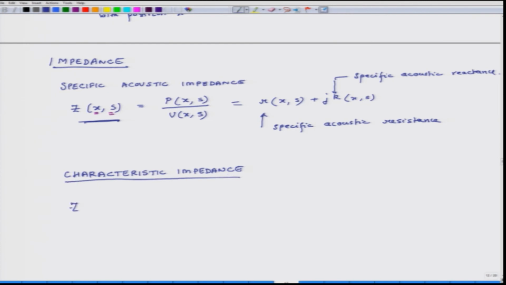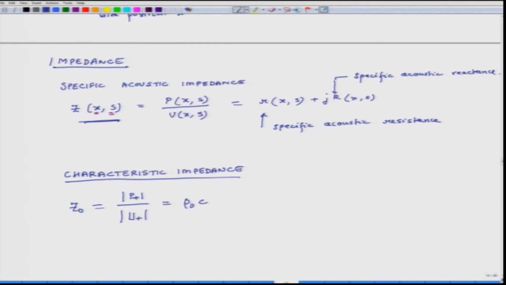And this is equal to Z naught, and this is defined as the ratio of the magnitudes of P plus divided by U plus. Okay. So, the numerator is a number, the denominator is a number, and when we do the calculation it works out to be rho naught c.